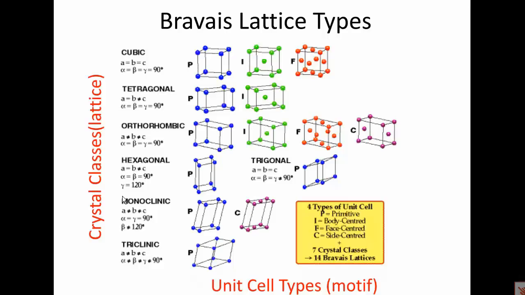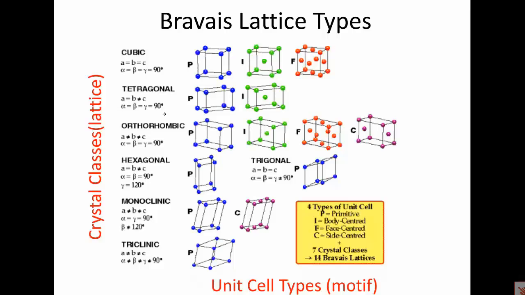We see the primitive simple cubic structure denoted by the letter P, and then we have the body-centered cubic denoted by the letter I, and the face-centered cubic structure, which is the example we looked at earlier, is denoted by the letter F.